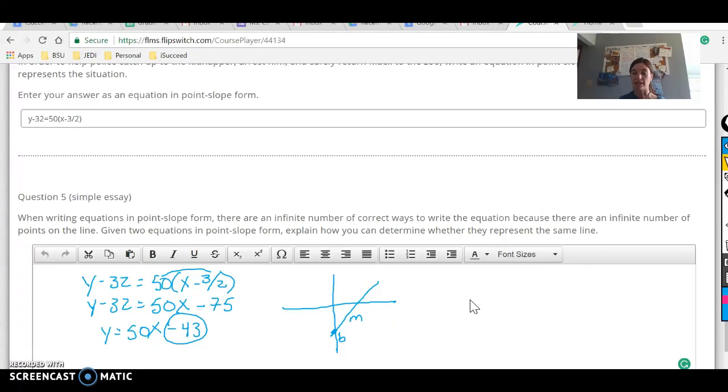You can have two lines that have the same slope but don't have the same b value, and they will not be the same line. For example, we could have a line with a b value up here and the same slope. It's not the same line. It has to cross in the exact same place. So I hope that makes sense. I've run out of time. Thank you for watching, and I'll look forward to your answers.